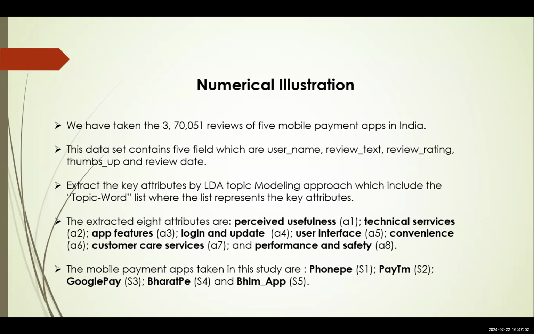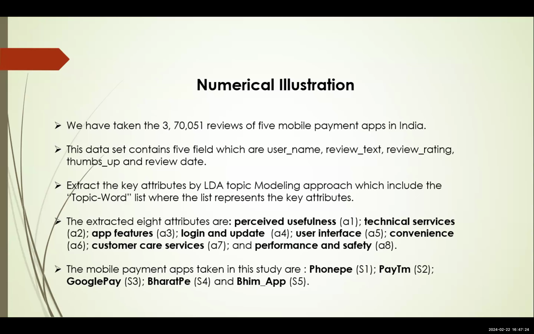This is my case study. We have taken 3,70,051 reviews of 5 mobile payment apps in India. This data contains 5 fields: username, review text, review rating, thumbs up, and review date. Then we extract the topic words by using LDA topic modeling.